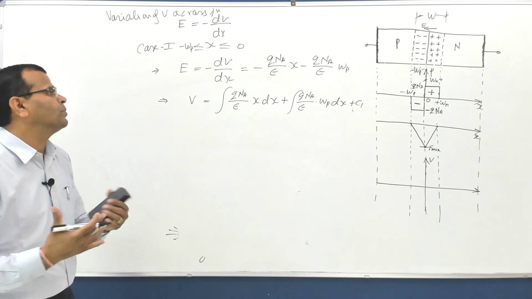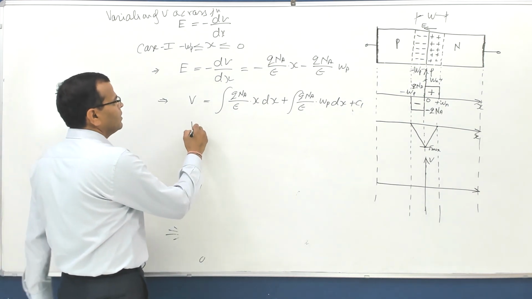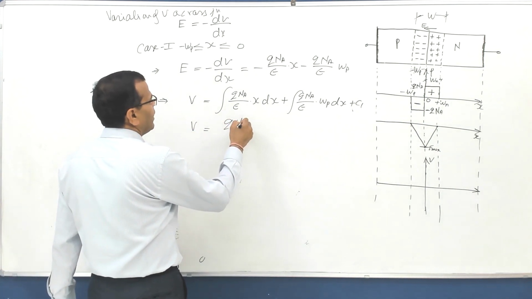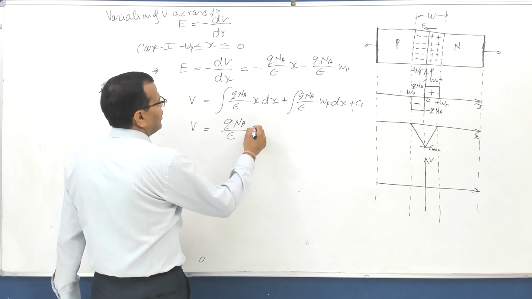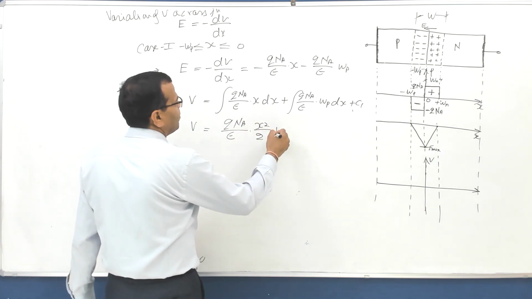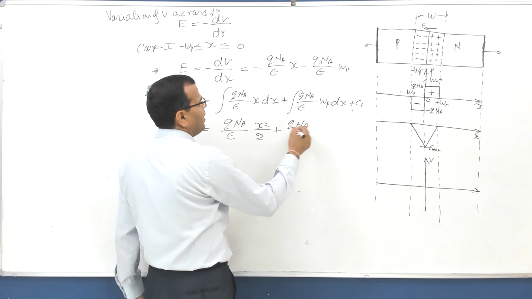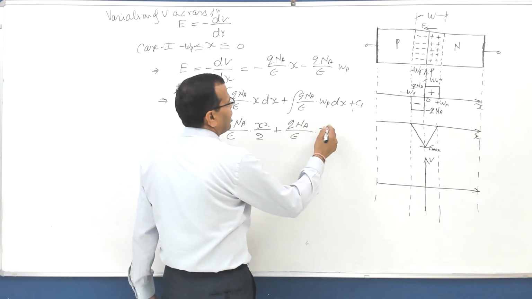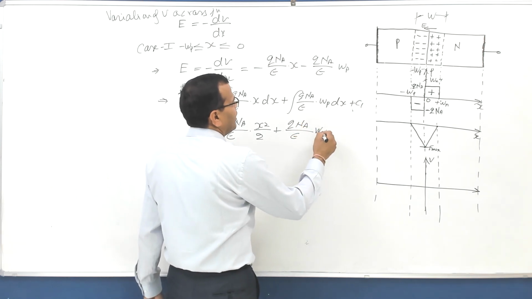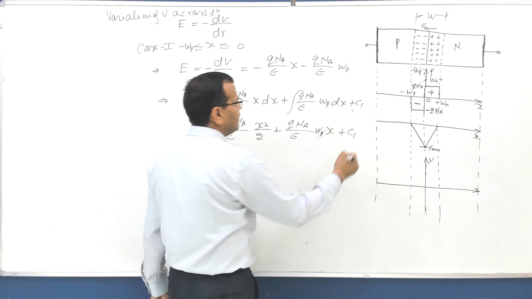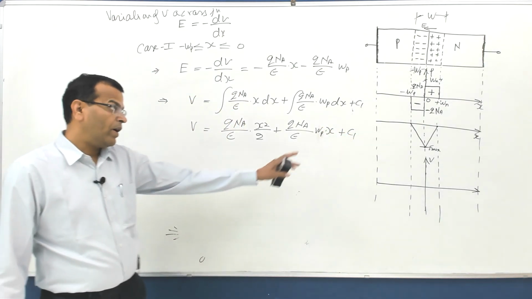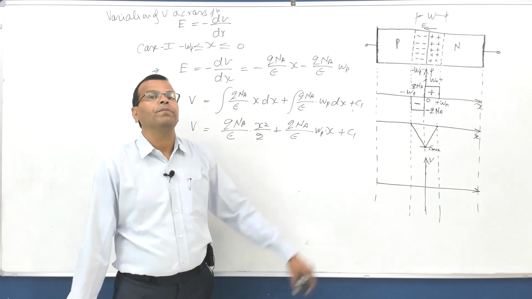That is your assumption. So what do we get? This is equal to qNa by epsilon into x square by 2 plus qNa by epsilon into Wp into x plus C1. That's it. Now I have to find the value of constant of integration.